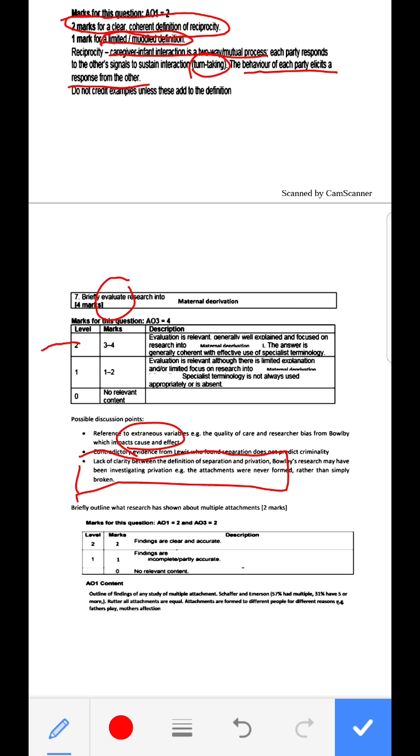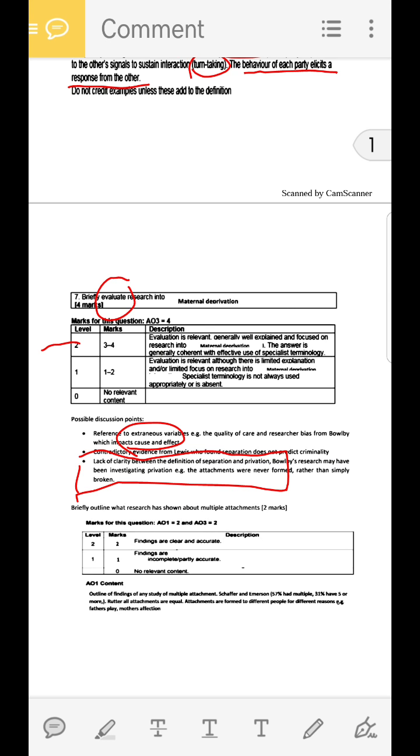Now, the second type of response that we saw was unusual in the sense that it wasn't really doing what the question asked you to do. The second type of response was students who were offering the Bowlby juvenile thieves study as supporting evidence for maternal deprivation.